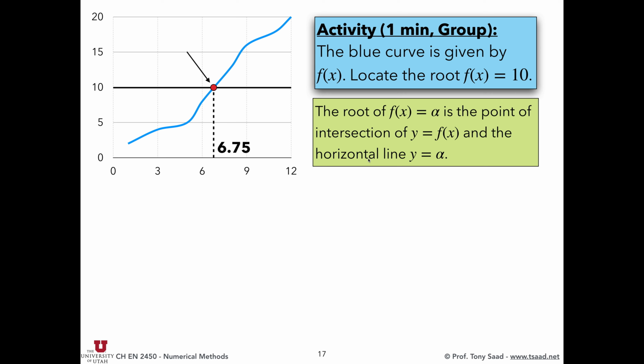And in general, the root of f of x equals alpha is the point of intersection of y equals f of x and the horizontal line y equals alpha. Just like f of x equals 0 is the intersection of f of x and the line y equals 0, in this case it's the intersection of the curve f of x with the line y equals alpha. And the root is about 6.75 in this case.